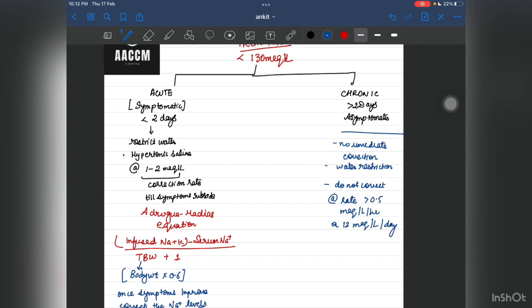Now let's see this particular scenario by an example.